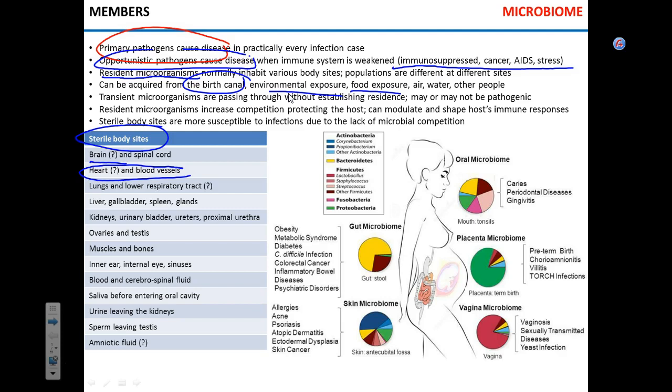Now lungs and lower respiratory tract. By lower respiratory tract we mean trachea and bronchi. Are they sterile? The consensus now, yes they are. There is no, and that's really important term, resident microbiome. When you inhale the air, there are a lot of microorganisms in the air.